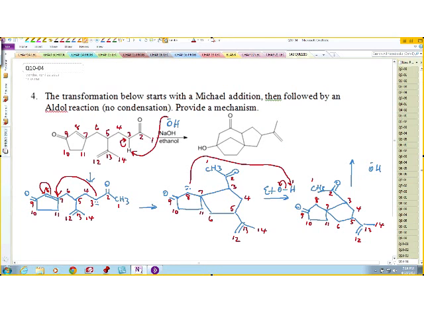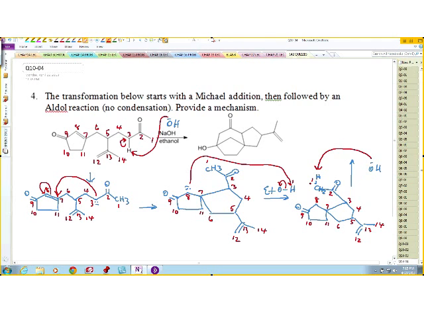Let us go ahead and make the CH2, and we have hydrogen here. Okay, so we deprotonate carbon number 1 to form enolate on that.